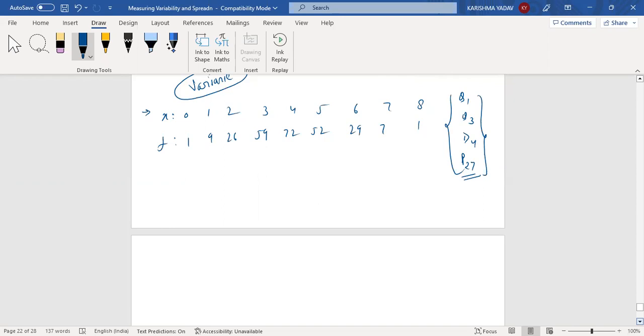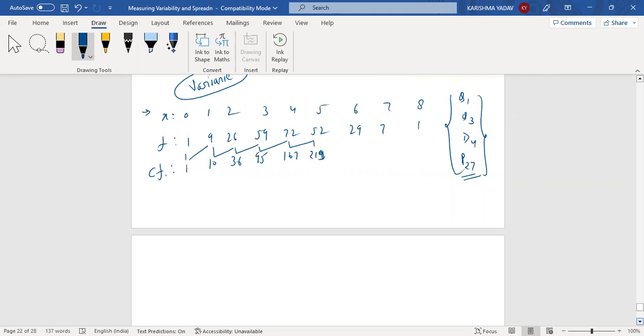So let's create the cumulative frequency. It starts with 1. Add 9 to it, that is 10. Add 26 to it, that is 36. Add 59 to it, and that will be 95. Add 72 to 95, we get 167. We add 52 to it, and this will be 219.